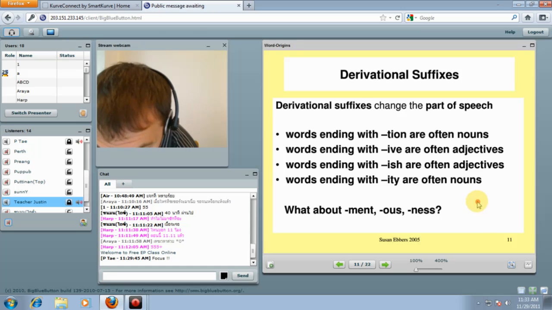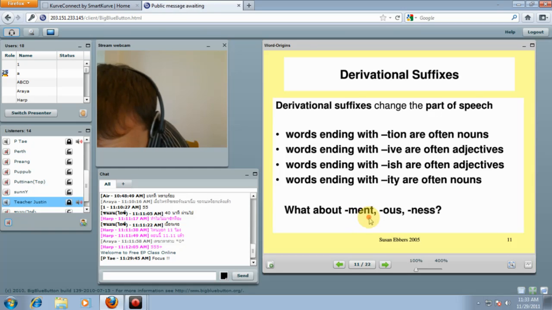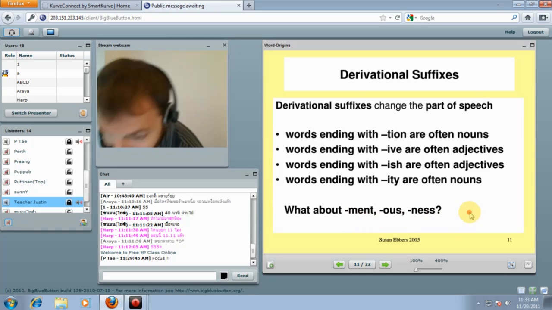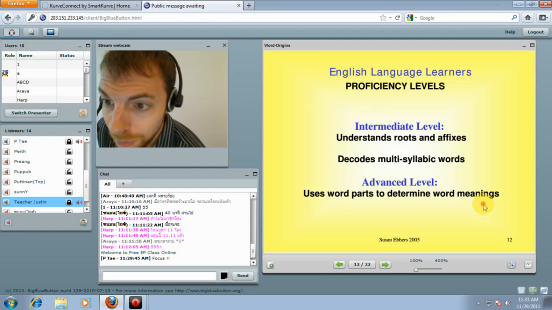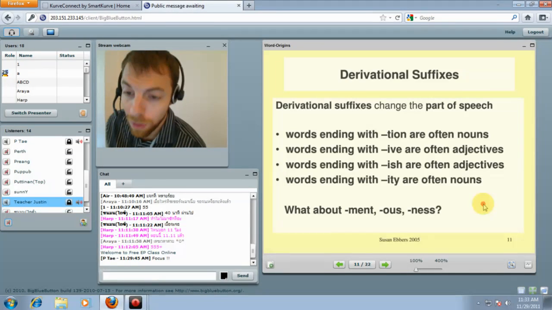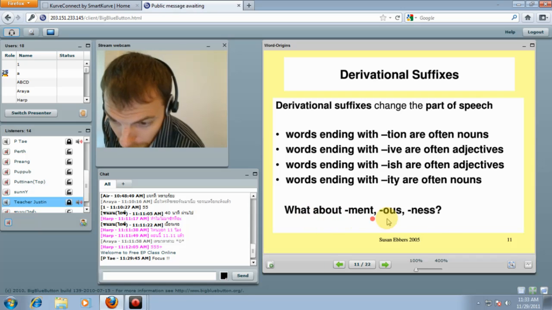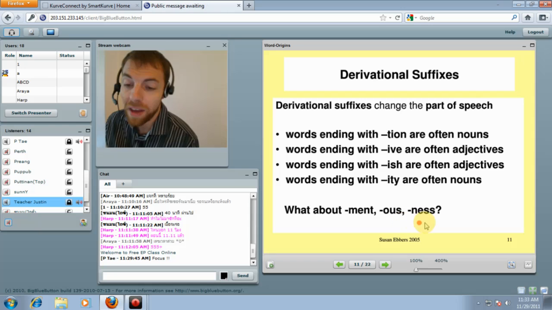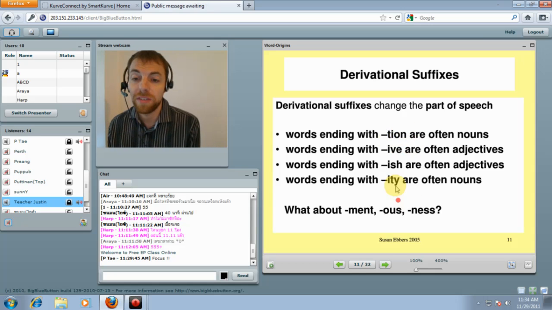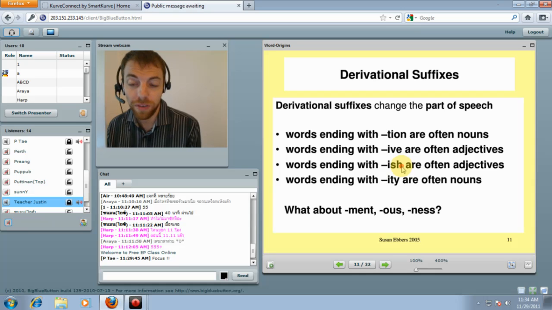So, what about ment, ous, and ness? Well, these words can be a variety. Sometimes nouns, sometimes an adverb. But if you learn to recognize the suffix, it can help you understand what kind of word it is.